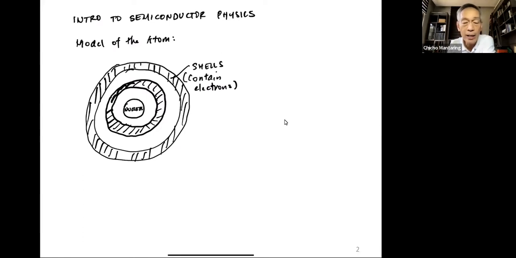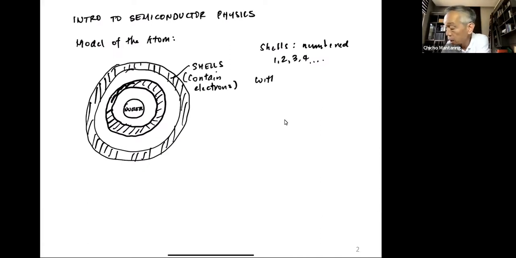An electron will exist in a shell at a specific energy state. Your shells are numbered 1, 2, 3, 4, and so forth. Within your shells, you have what we call orbitals.